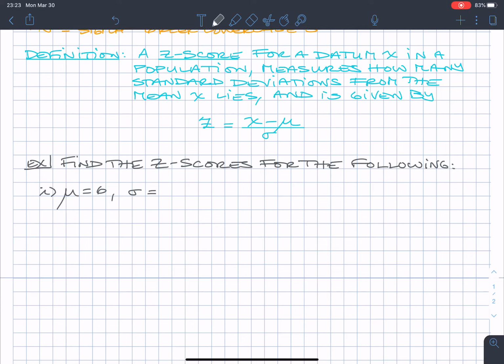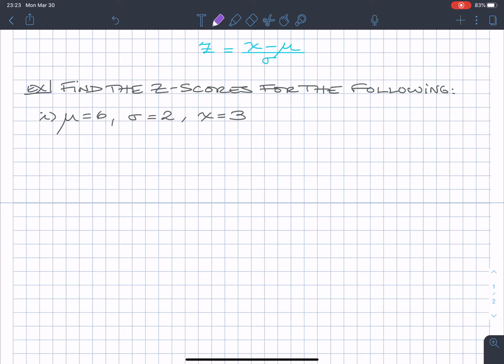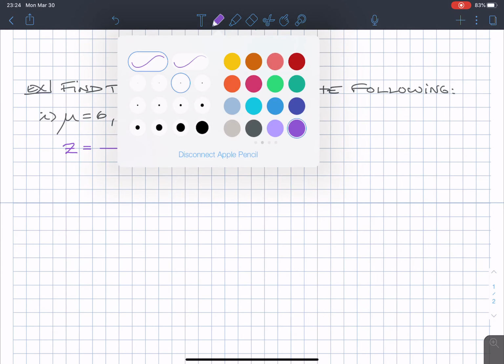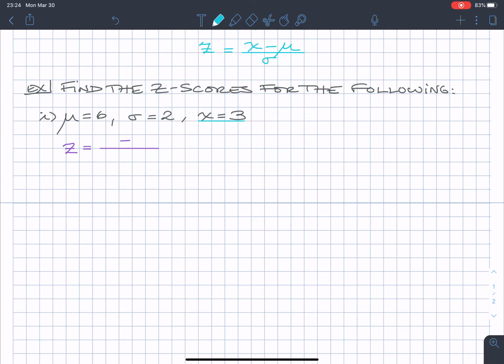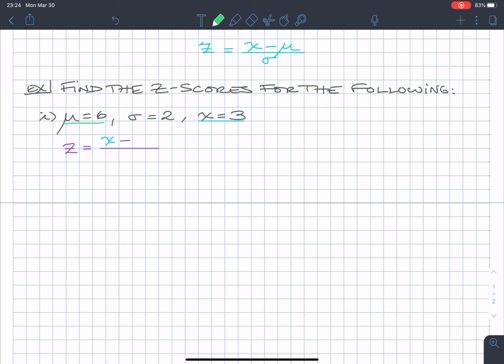Sigma, the population standard deviation, is 2. And let's say the data point is 3. Okay, so the z-score is just going to be the quotient, the difference between the data point x and the population average mu divided by the standard deviation for the population sigma.